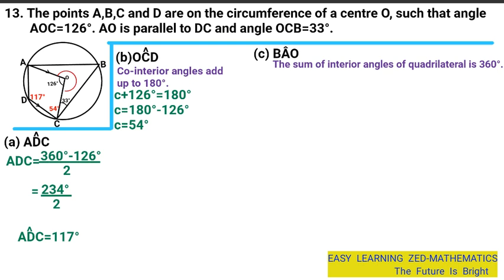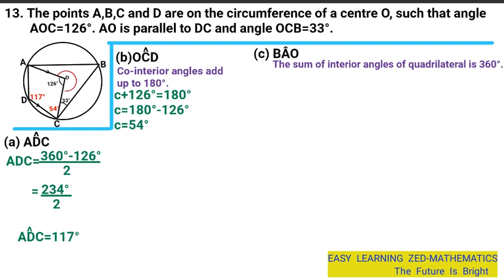So when you look at angle ABC, it can be found because we are given angle 126, and the angle on the circumference is half of the angle at the center. So angle ABC is half of 126.